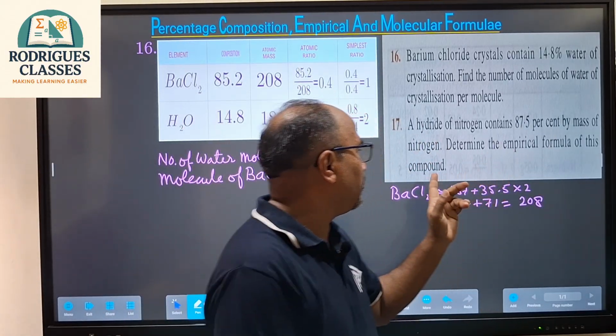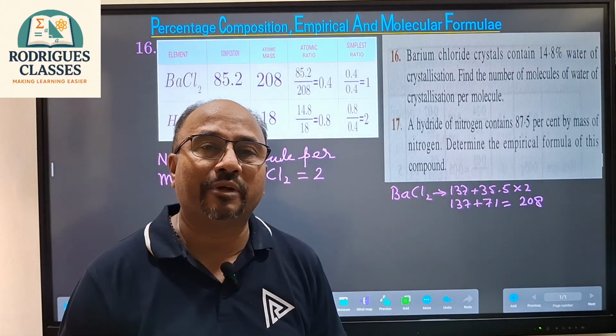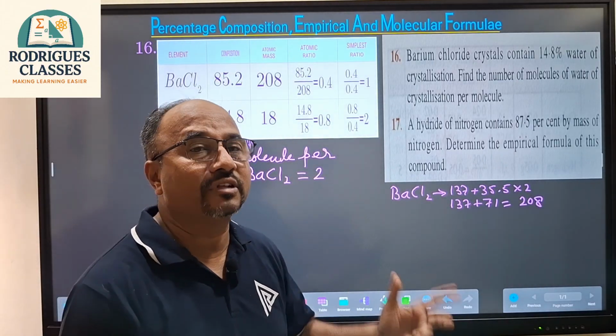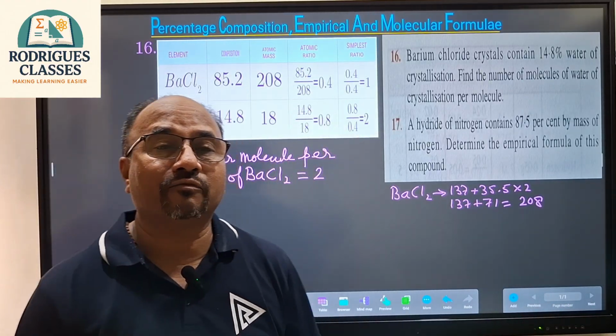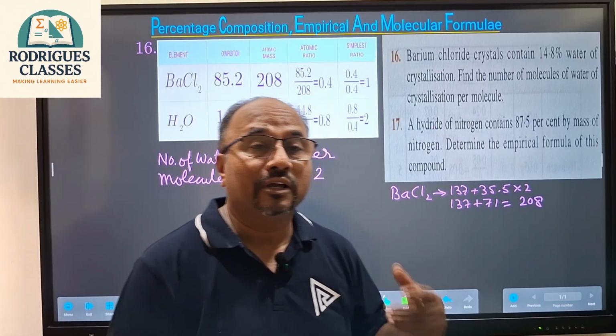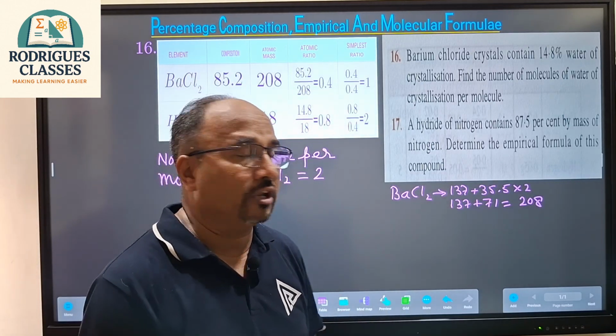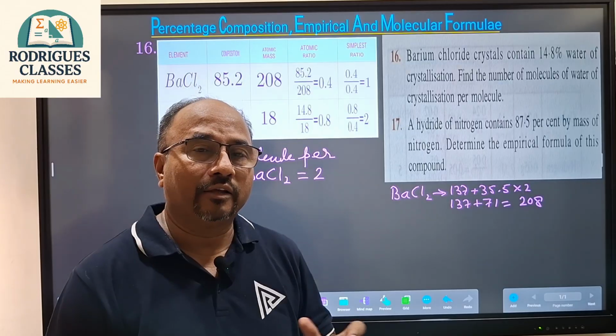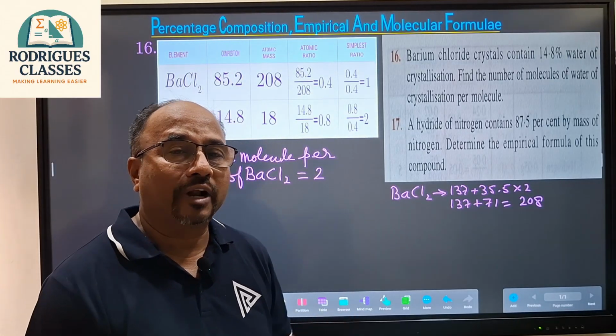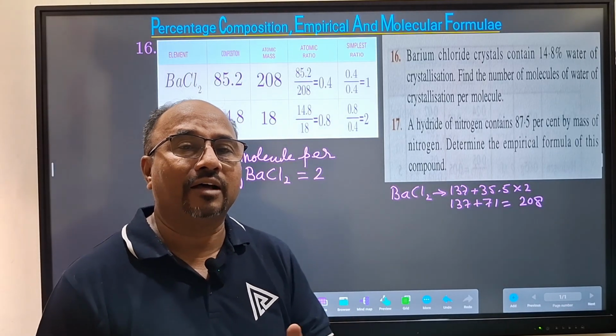Determine the empirical formula of this compound. So only two elements. We have seen several sums earlier where two elements were there, and the percentage of one of them was given, and how did we find the empirical formula as well as the molecular formula. So try out this sum on your own, and if you have any problem, you can write in the comments and ask me. I will answer you there.